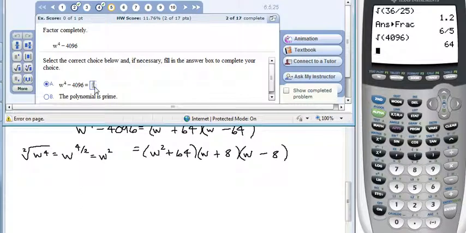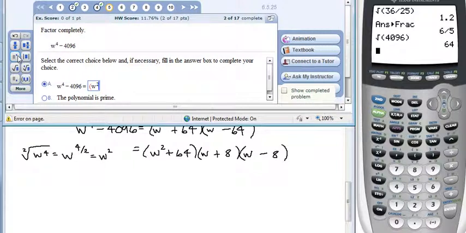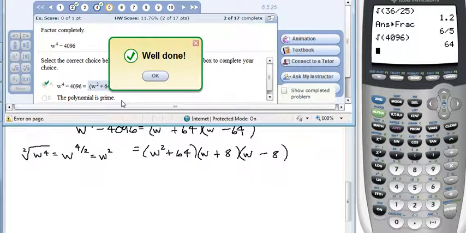Indeed we shall. So we have a w squared plus 64. And then we have a w plus 8 and a w minus 8. And it doesn't matter on the order of these three things. You've just got to have one of everything and then we're finished.